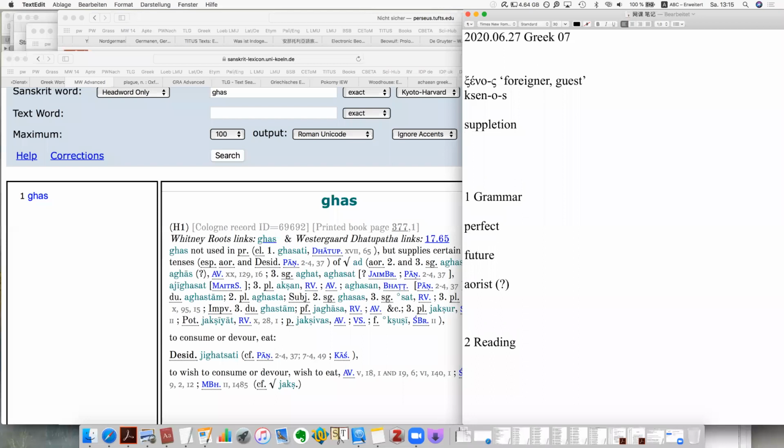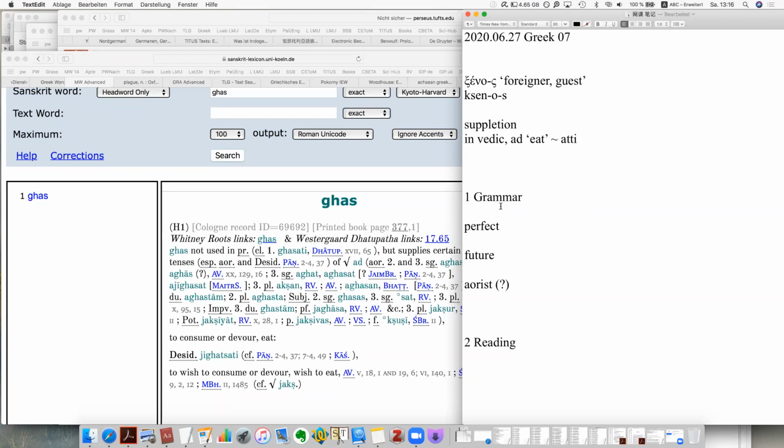In Sanskrit, in Vedic, we have this word ad, which means eat, right? And then the present is called atti.